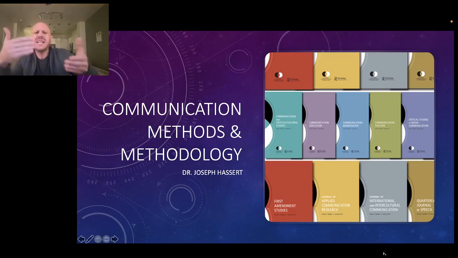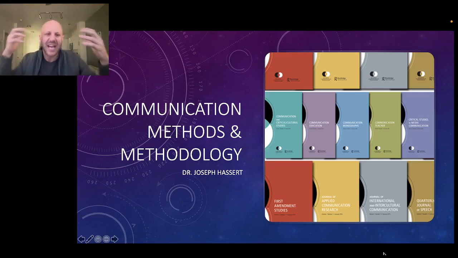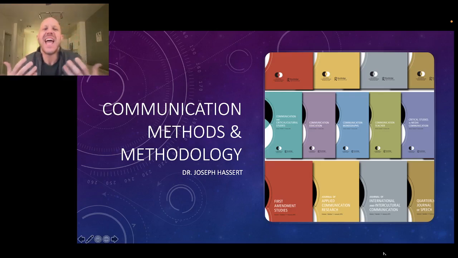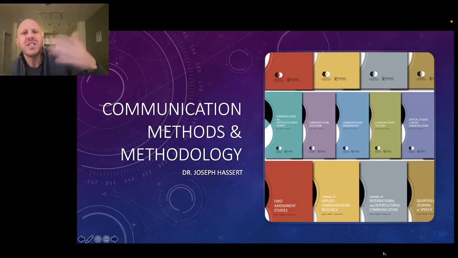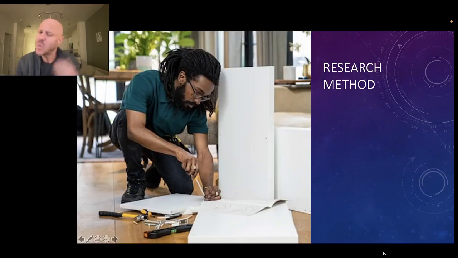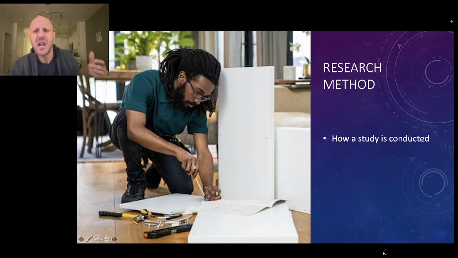But before it's shared, the researcher has to conduct the research. They actually have to go about creating and analyzing their particular thing of study. And so methods are how researchers go about doing that. So a research method, you see a picture here of a person putting together a piece of furniture.